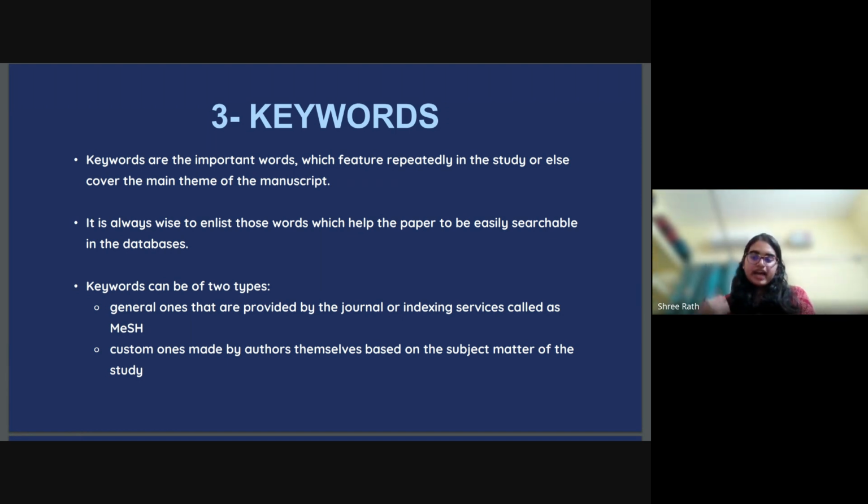But ideally, it should have a mix of mainly MeSH terms and any custom ones that you are making for your study. So this mainly helps to make your paper more searchable, so that anyone else who's wanting to get some information on this topic can find your paper very easily through keywords.